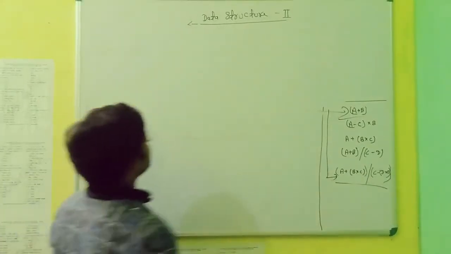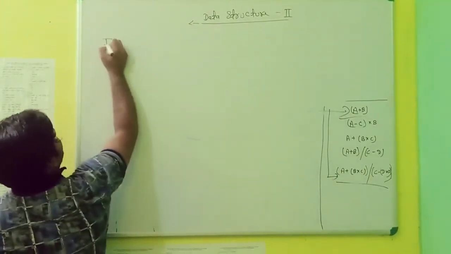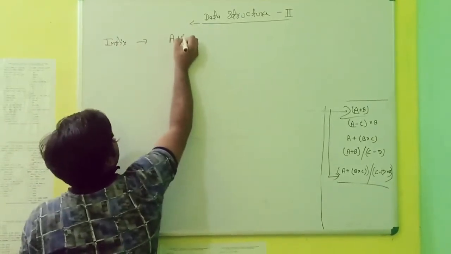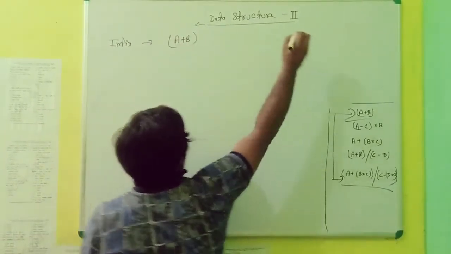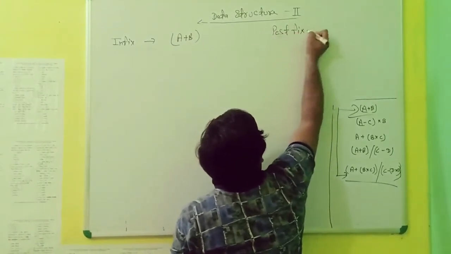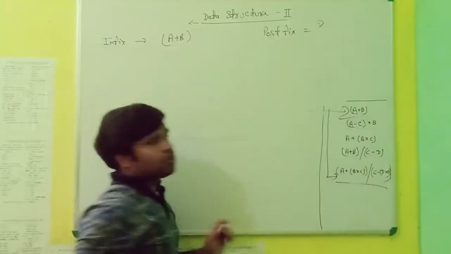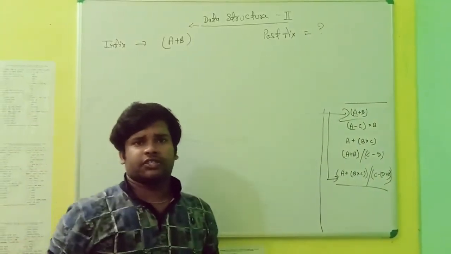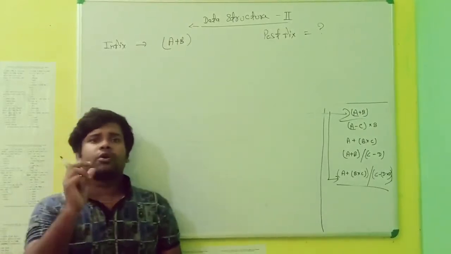Okay, now suppose one infix expression is given here, a plus b, and it is asking for the postfix expression of this. So how to solve this expression simply? First of all you need to create three columns.